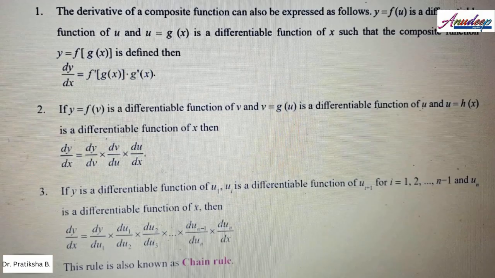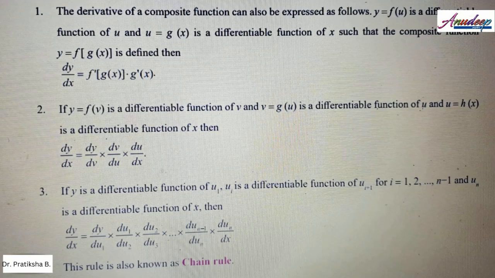Now on screen, these are the rules for the composite function. If y is a function of x, that is f of x, and f is in turn a function of g of x, then y is a function of f of g of x. This is called a composite function.